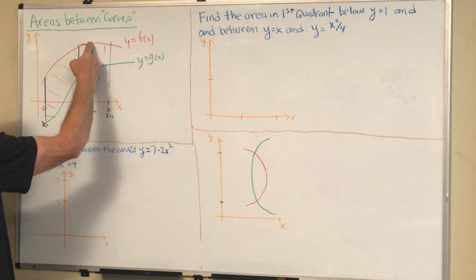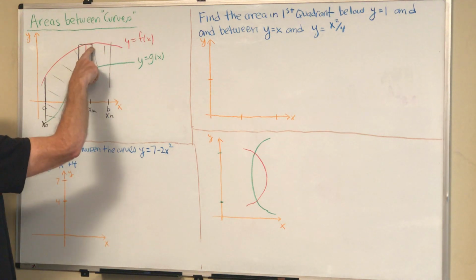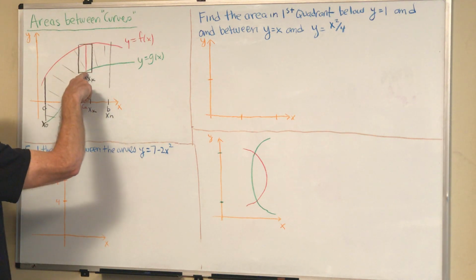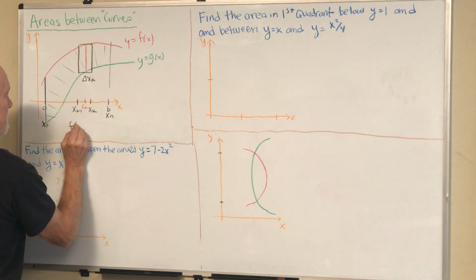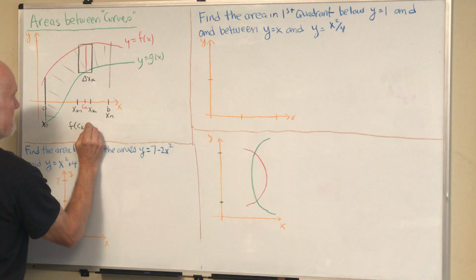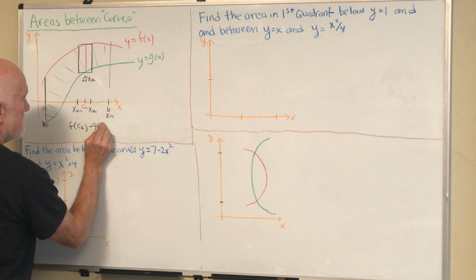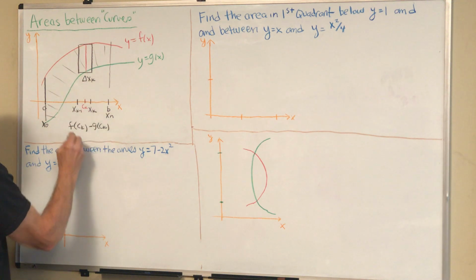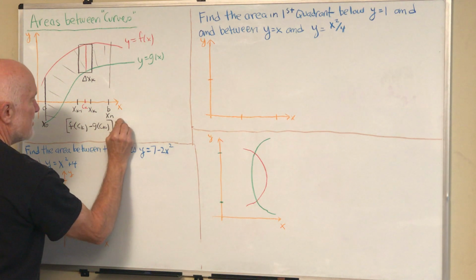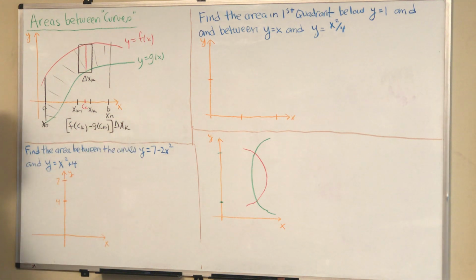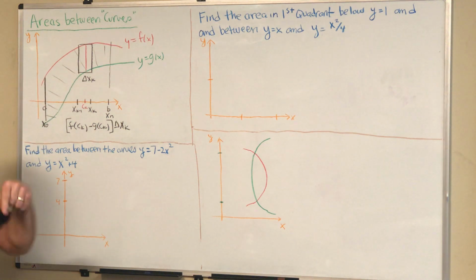So what is that area? Well, the height is f of c sub k minus g of c sub k, and the width is still going to be delta x sub k, but that's only one of the n rectangles.